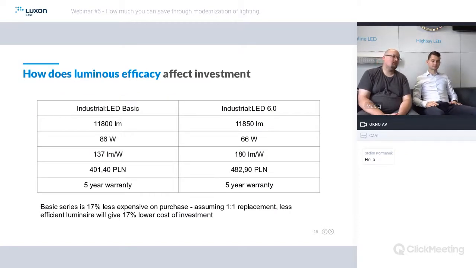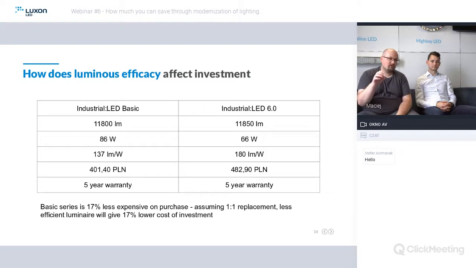Okay, so I did a small comparison. For the clarity of it, I used two luminaires from our portfolio. One is Industrial LED Basic, the second one is Industrial LED 6.0. The Basic series is our standard, let's say low efficacy, cheaper version of the hermetic light that replaces fluorescent tube lamps.